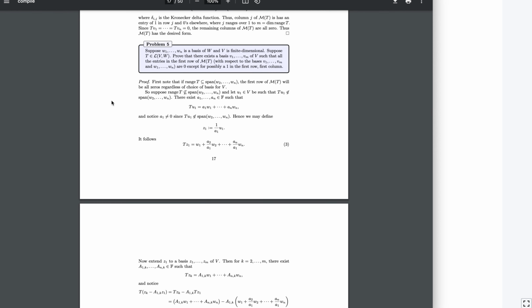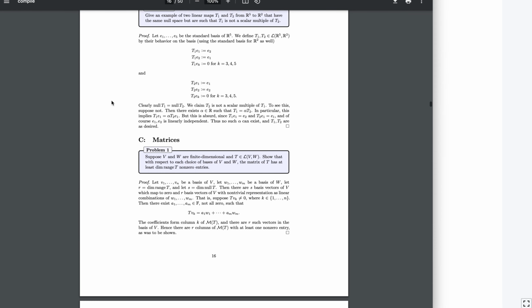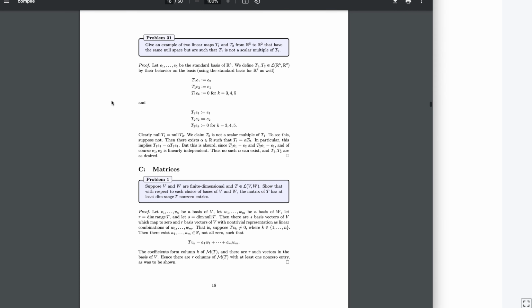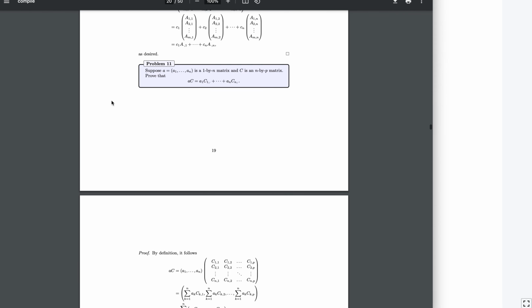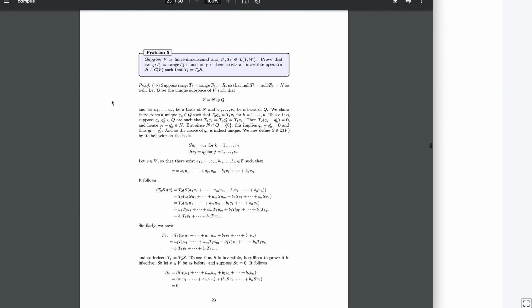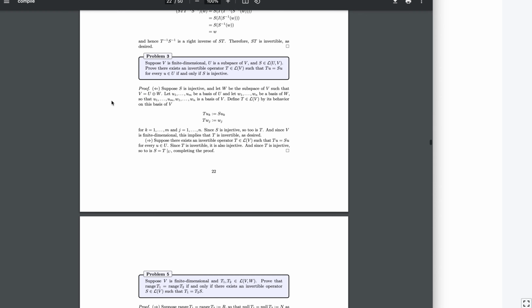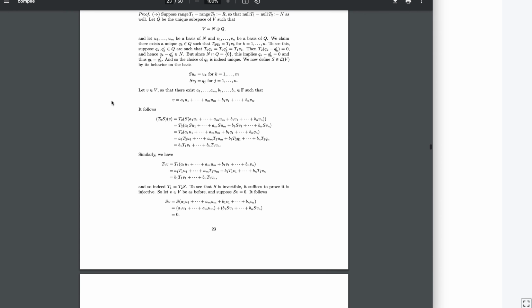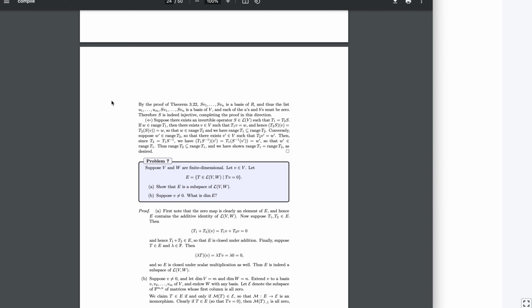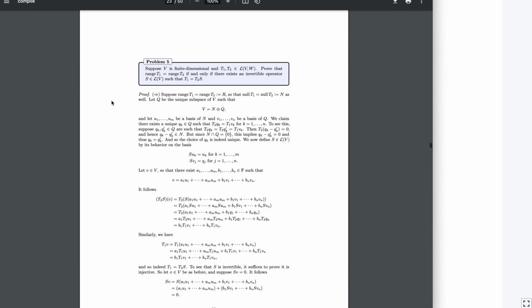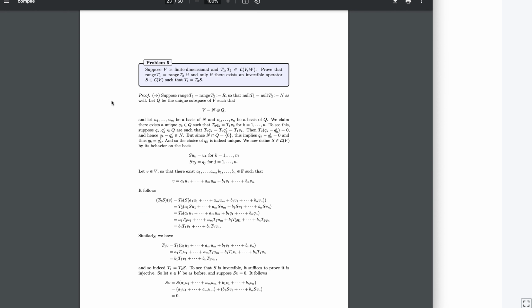Oh, wait, no, that's matrices. I'm already past matrices. Invertible and isomorphic. Okay, yeah, no, their proof seems even more convoluted than what I had.